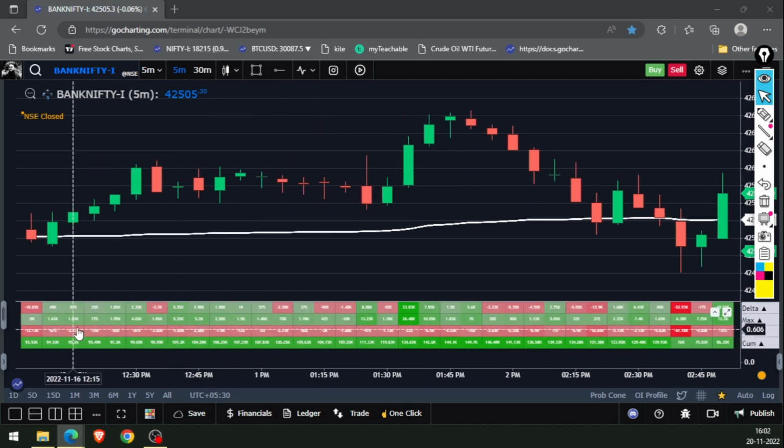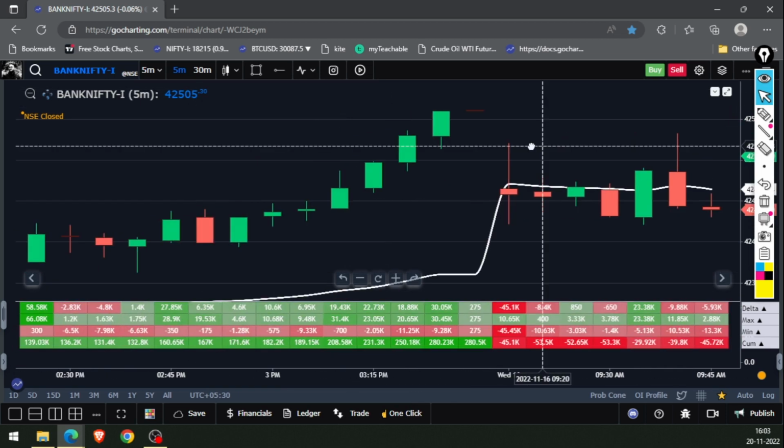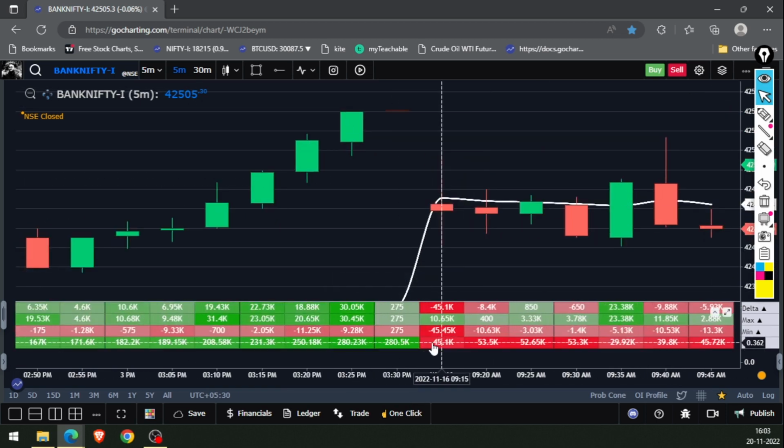So what is meant by cumulative delta? Cumulative delta is the addition of the previous deltas, and it starts from the beginning of the day when the market opens. As you can see here, the day has started on this candle.